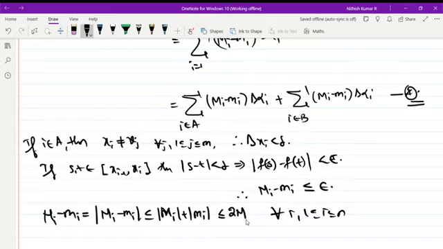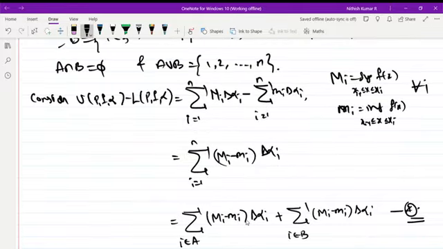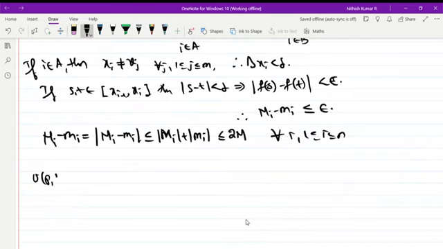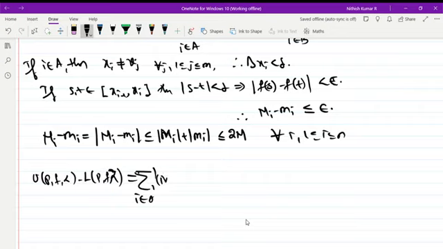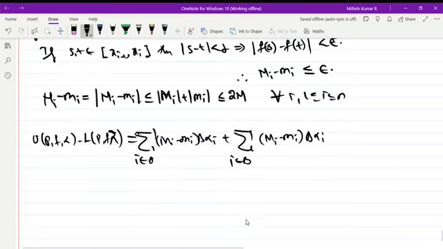Now using star, UPF alpha minus LPF alpha is equal to the summation over i belonging to A of capital Mi minus small mi into delta alpha i, plus the summation over i belonging to B of capital Mi minus small mi into delta alpha i.